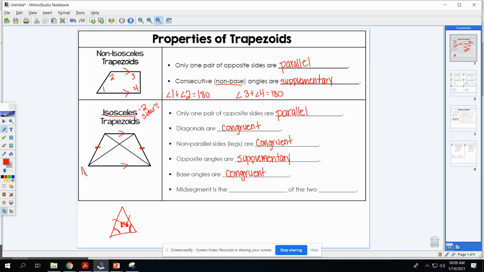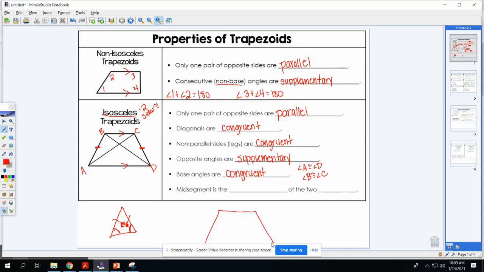So if we named these four angles here A, B, C, and D, we would say angle A is congruent to angle D, and angle B is congruent to angle C. All right, so whenever I say base angles, think about the two angles that are on the same base.